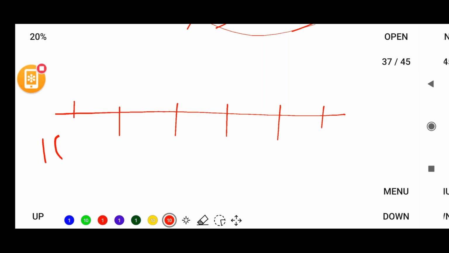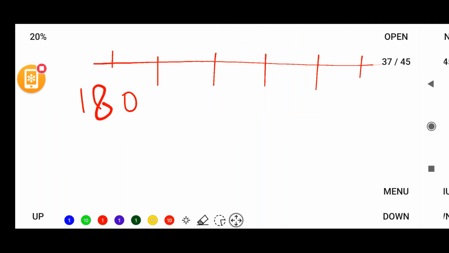Suppose 180 nanometer. What is the meaning of 180 nanometer? Your effective channel length is 180 nanometer. That means the dimension of the channel, the dimension of the device, is already fixed.